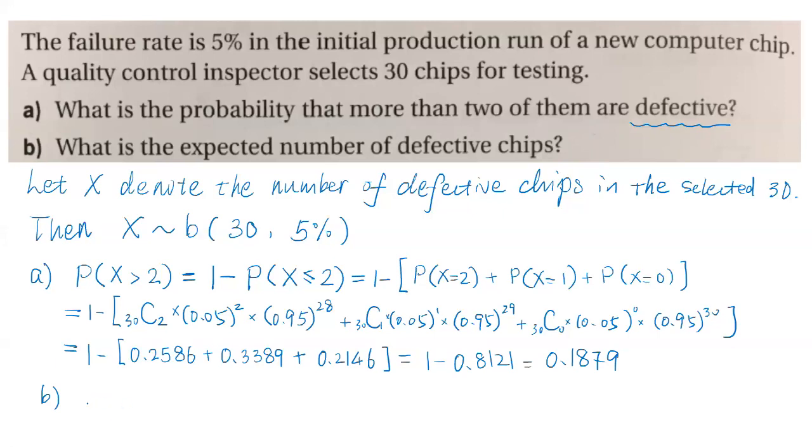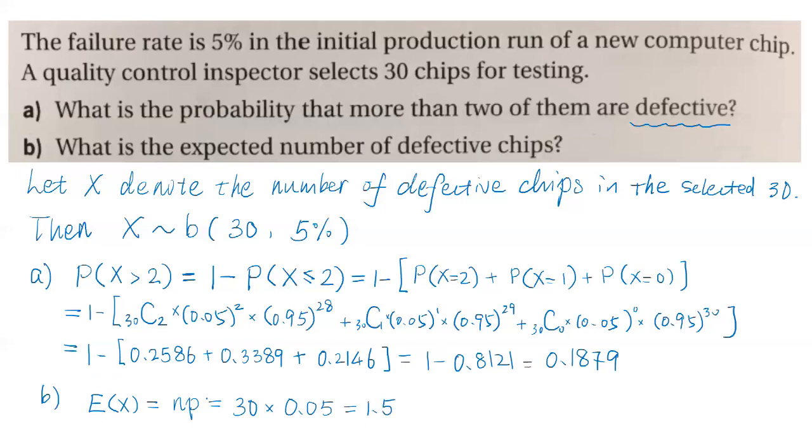Because X here is a binomial distribution, if we want to calculate the expected value of X, we can use the shortcut. E(X) is np, right? Because X is a binomial distribution. So E(X) is np, which is 30 times 0.05, which is 1.5, right?